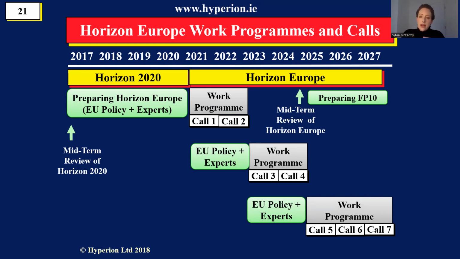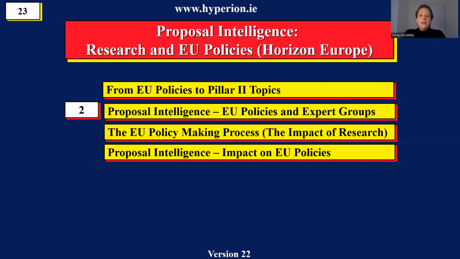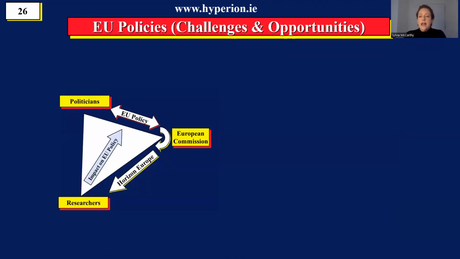So you can see that every time you pick up a work program, there's at least 2 years worth of knowledge and policy making involved in preparing that work program. So that's where proposal intelligence really comes in. We need to understand, where do the policies come from? What are the challenges and opportunities that have presented themselves to the Commission, to the national politicians, to the European politicians, and made this particular policy area a priority?